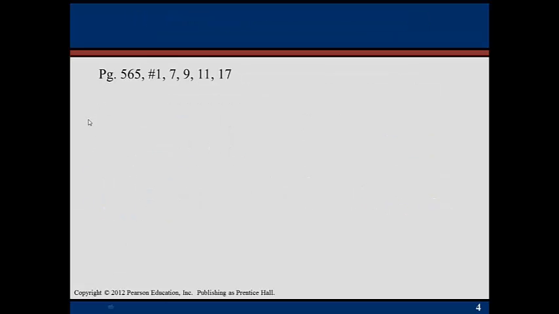So let's go in our books to page 565 and we'll look at the following problems, starting with number 1. And it says evaluate each expression when x is negative 2, y is 5, and z is negative 3. And for number 1, we have 3 plus 2z.